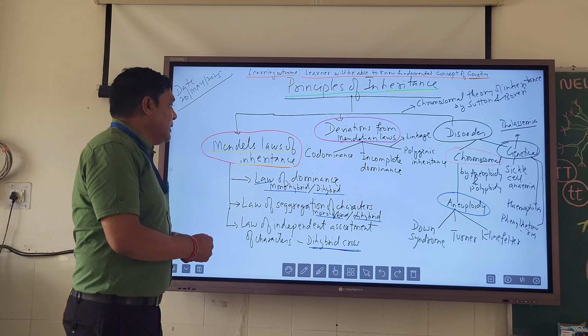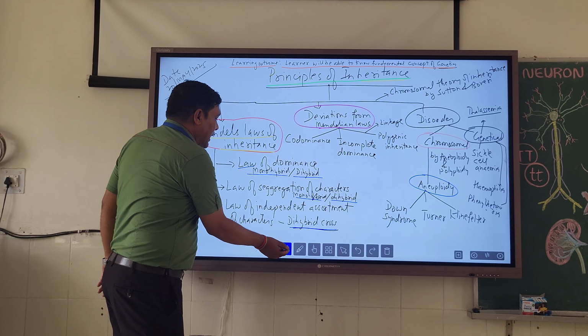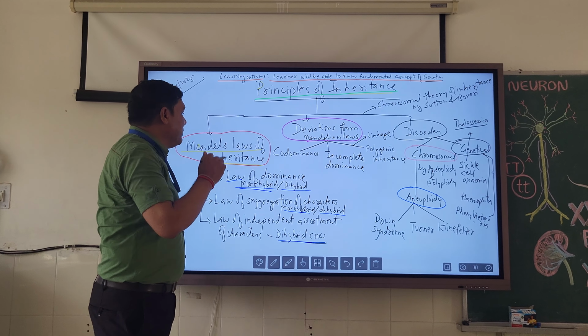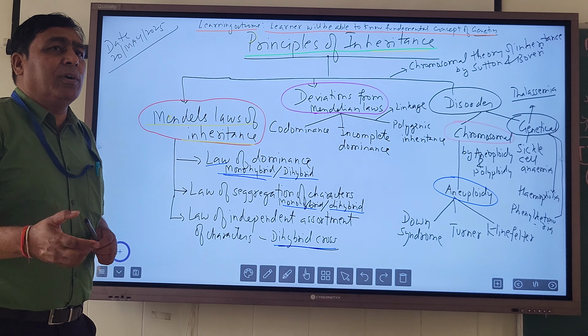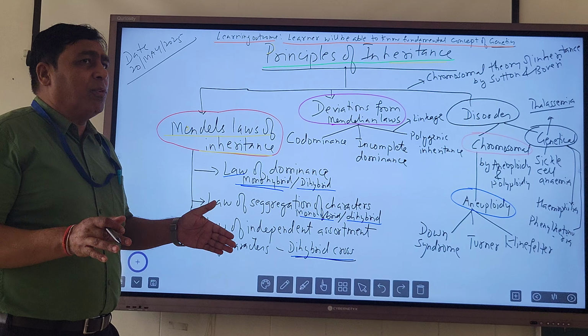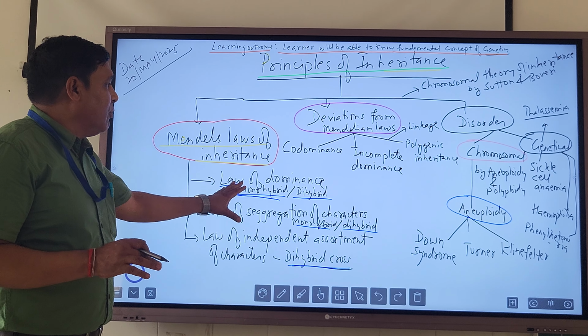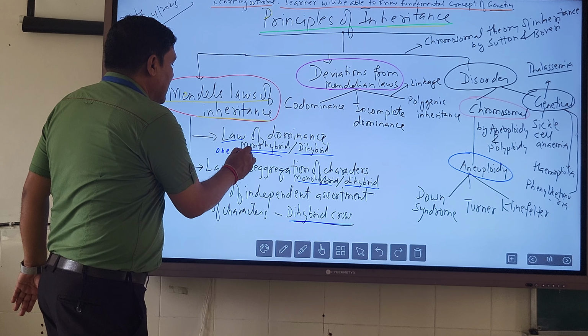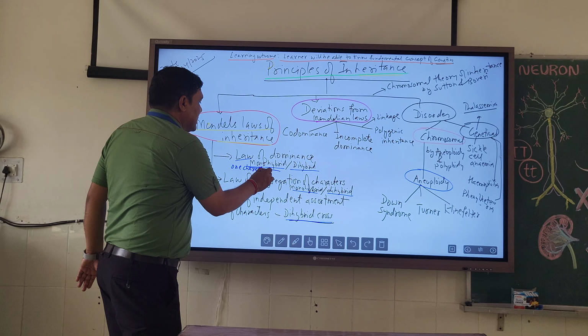Now children, I have written here monohybrid, dihybrid. So what is this monohybrid? Monohybrid means when we cross an organism for studying only one character. Only one character study.